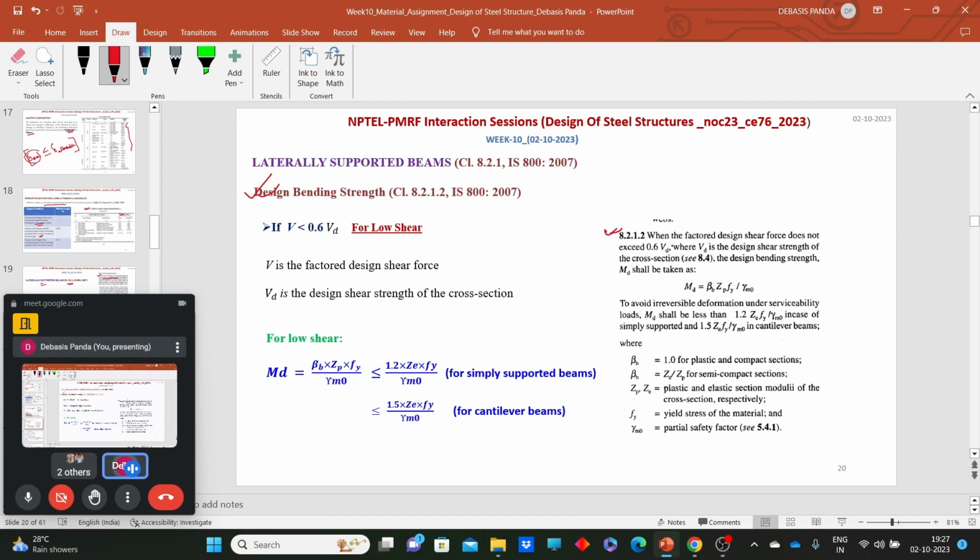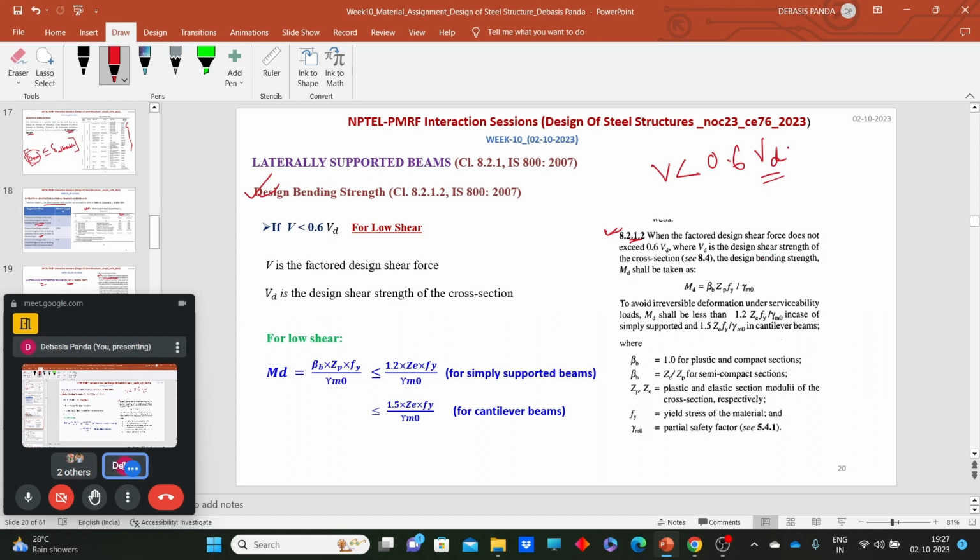Clause 8.2.1.2 says that when the factored design shear force does not exceed 0.6 times VD. What is that? That is the factored design shear force, and how can we calculate it? From the transverse loading and the position of loading, and so on. If this is less than 0.6 times VD. And what is VD? That is the design shear strength of the cross section we have selected.